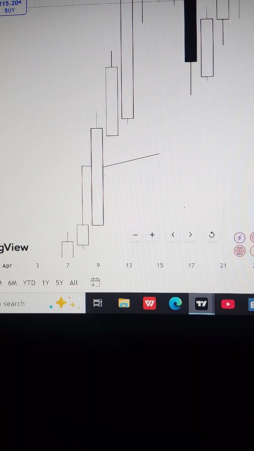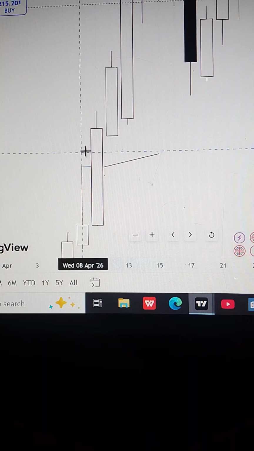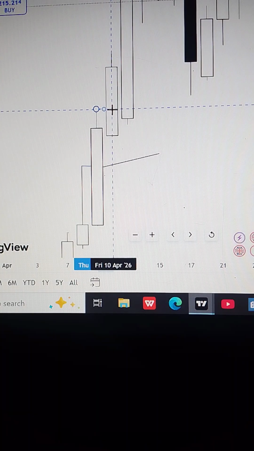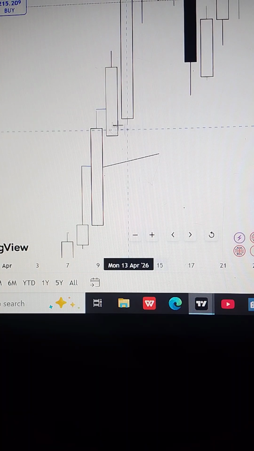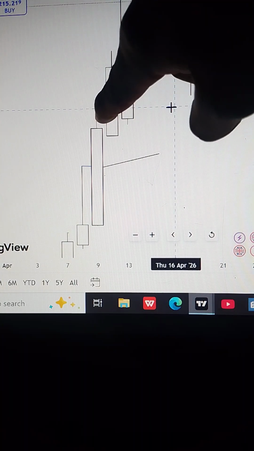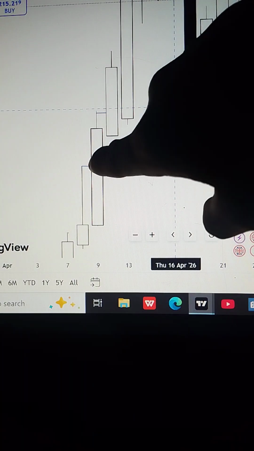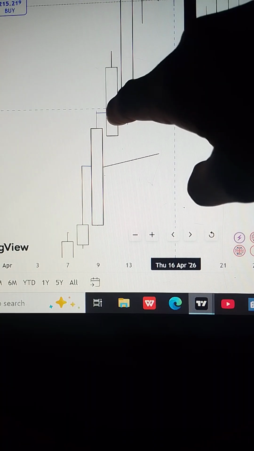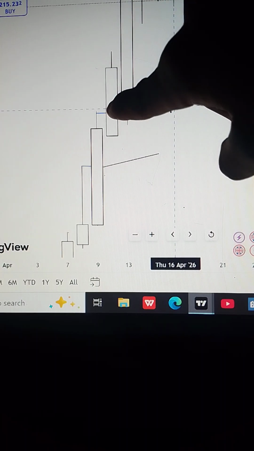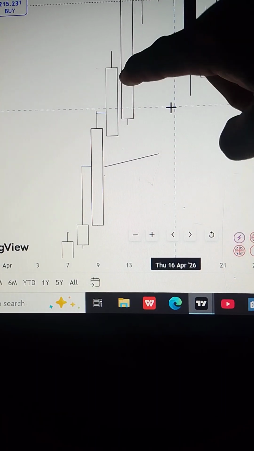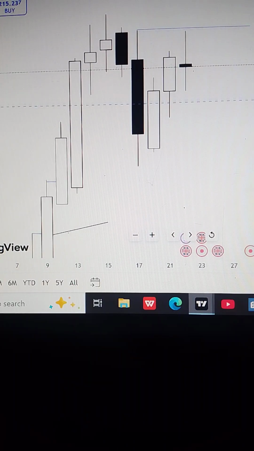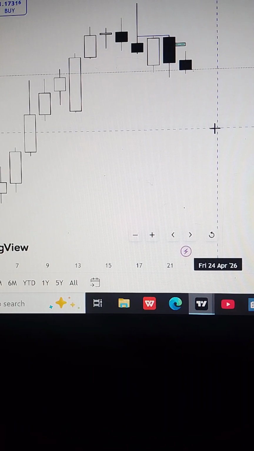This candlestick closed above or in between the previous candlestick. So that means it is a continuation. Let me use another example so that you can understand.